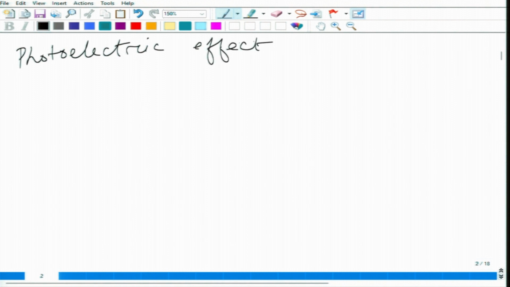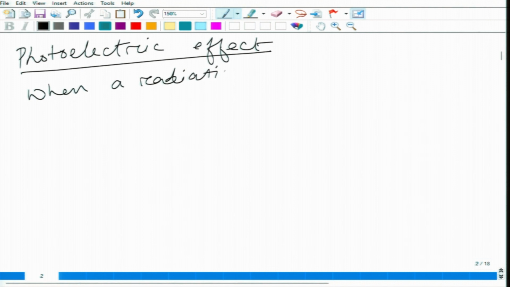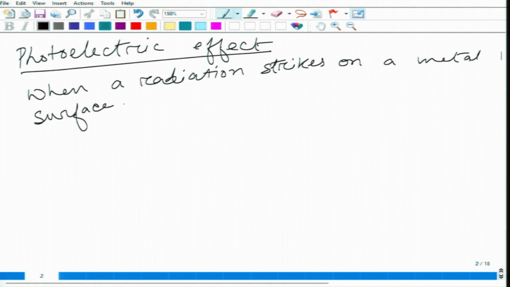Photoelectric effect stated that when electromagnetic radiation, when a radiation strikes on a metal surface, electrons are ejected.